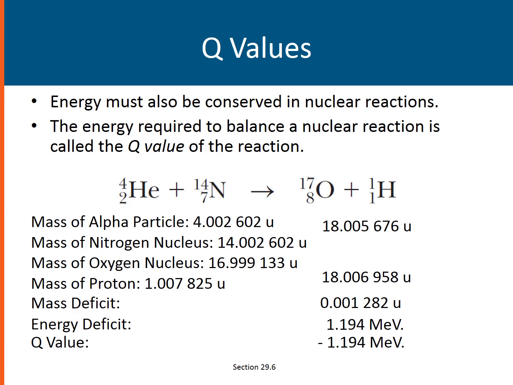In accordance with the law of conservation of energy, energy must also be conserved in nuclear reactions, and the energy required to balance a nuclear reaction is called the Q value of the reaction. Now, to see the meaning of Q value, consider this equation that I introduced earlier.